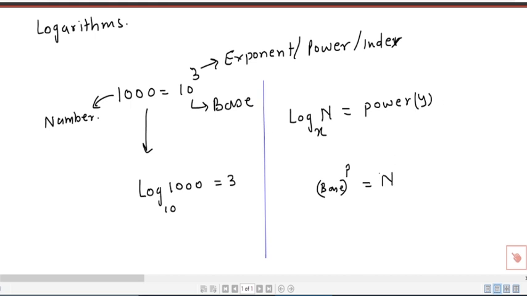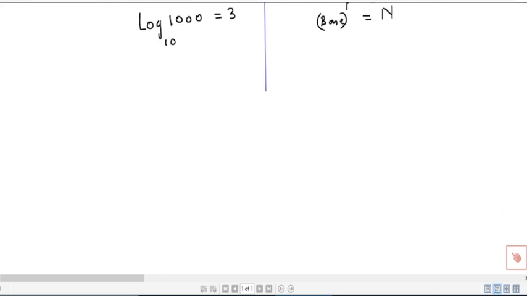Then this equation becomes a very simple equation: base x to the power y is equal to the number. Now, we will understand this with a few more examples, so that it is clear to us.